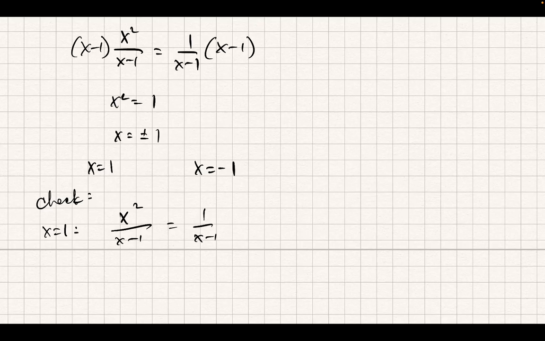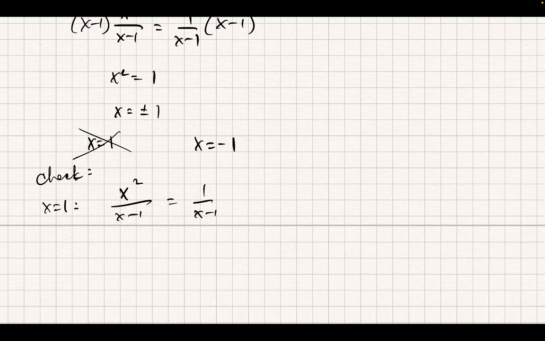So x equals 1 is an extraneous solution, and we found that by checking. So the answer would be x equals -1? So the only answer is x equals -1.